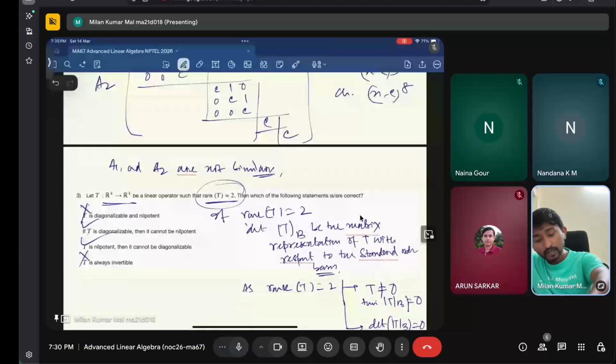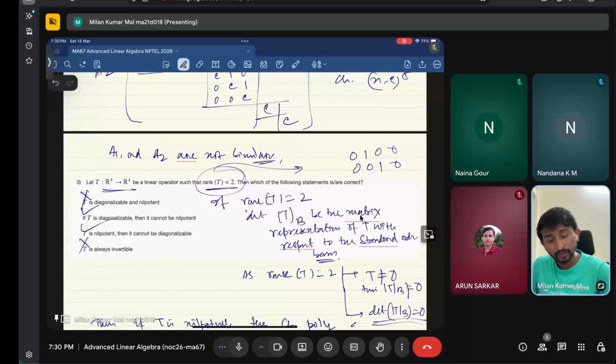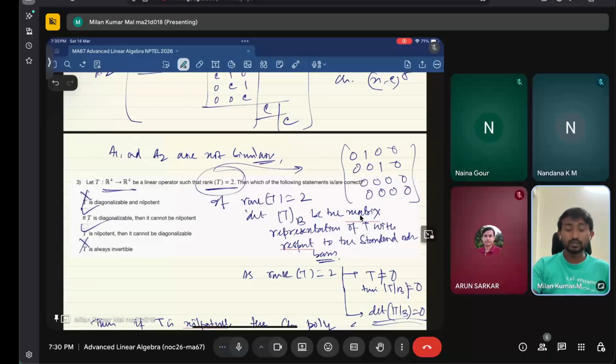Okay, so what are some examples of this type? This example is something like 0 1 0 0, 0 0 1 0, and all zeros in the remaining rows. Look carefully. This is a rank 2 matrix because there are two non-zero rows.